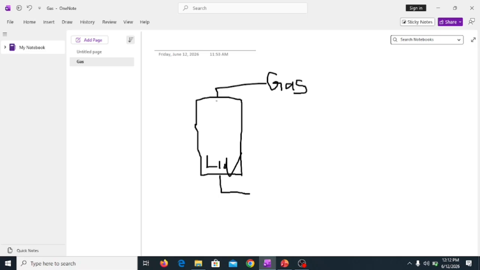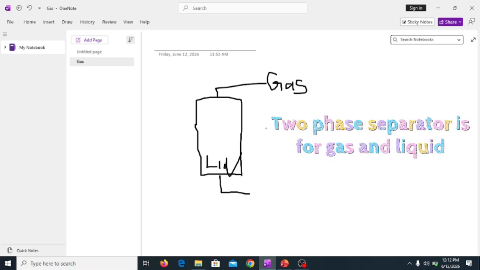So we now know that two-phase separators are usually vertical separators, where we separate just gas and liquid.